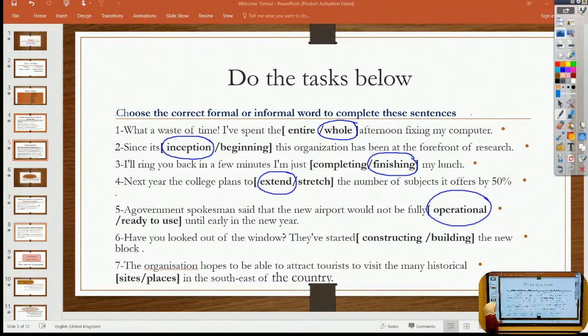Number 6, have you looked out of the window? They've started constructing or building the new block. Here, okay, there is no need for something formal. It is informal, so we choose building.